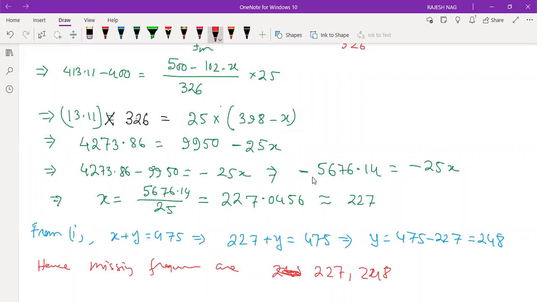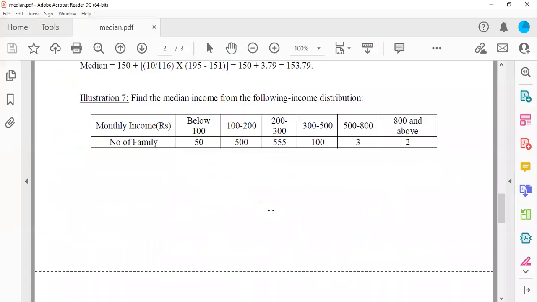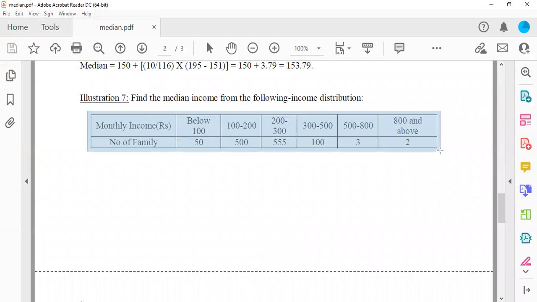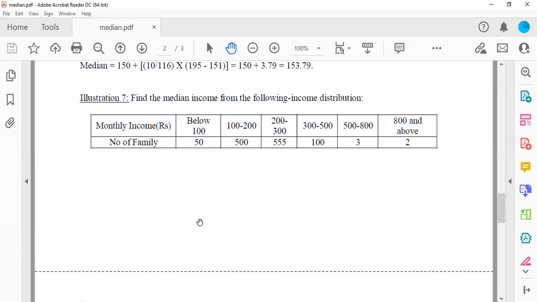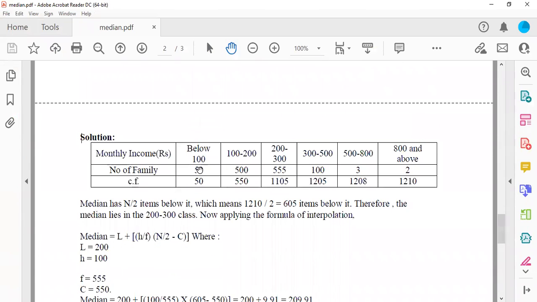Okay. So we go to the next topic, regarding median. We have not yet come out of median. Now we are dealing with some useful observations regarding median.